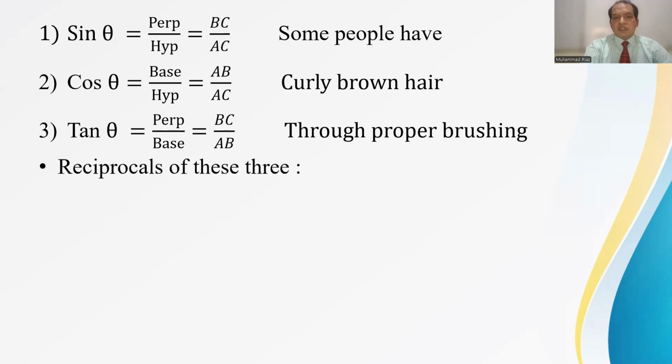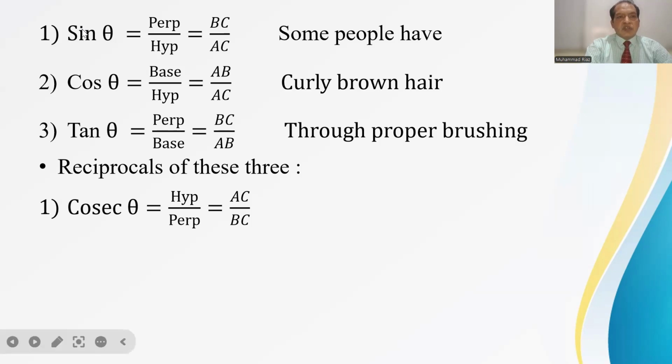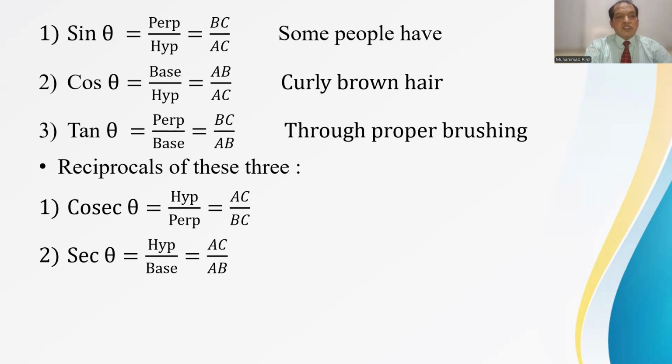Now the reciprocals of these three primary trigonometric ratios. The reciprocal of sine is called cosecant theta, which is equal to hypotenuse over perpendicular. The reciprocal of cos is secant theta, equal to hypotenuse over base, that is AC over AB.